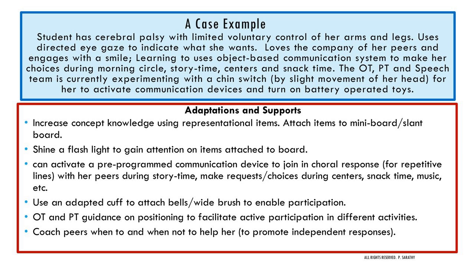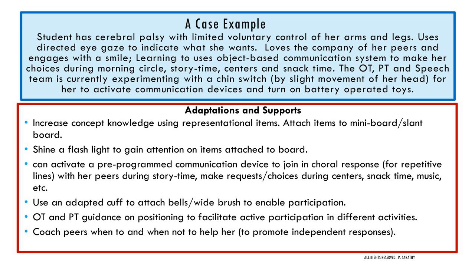She engages with a smile. She is learning to use an object-based communication system, and she is trying to make choices during circle time, story time, and centers and snack time. She makes a choice, let's say, during centers between an art activity or to play with blocks.